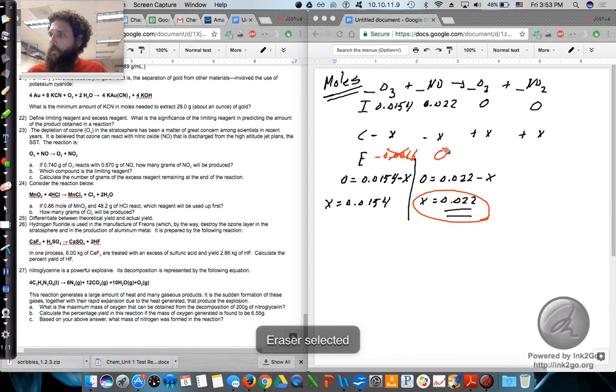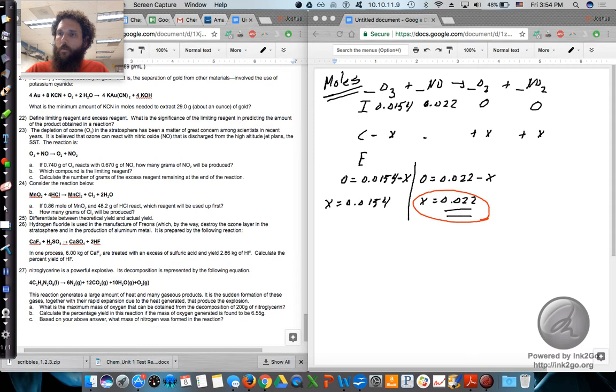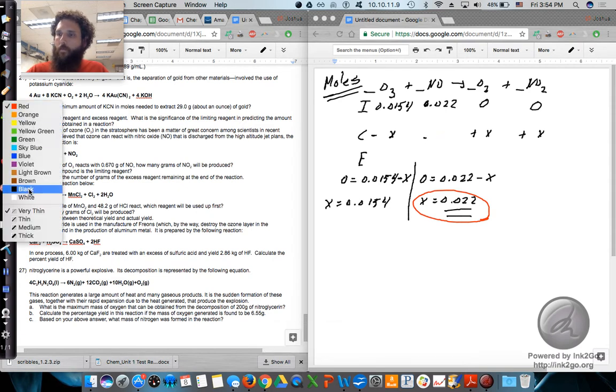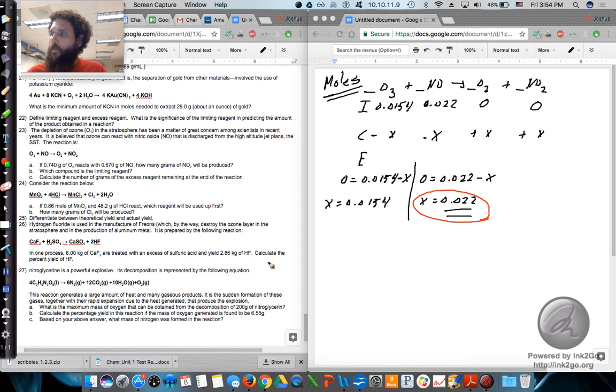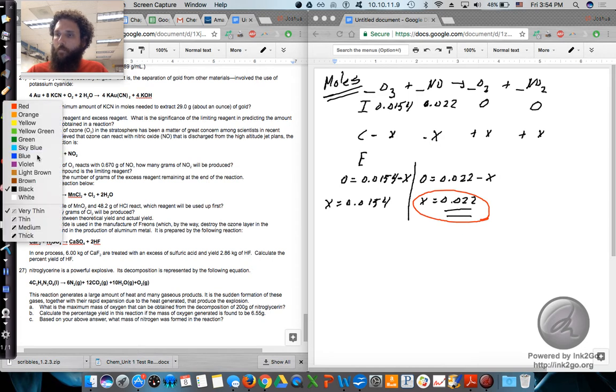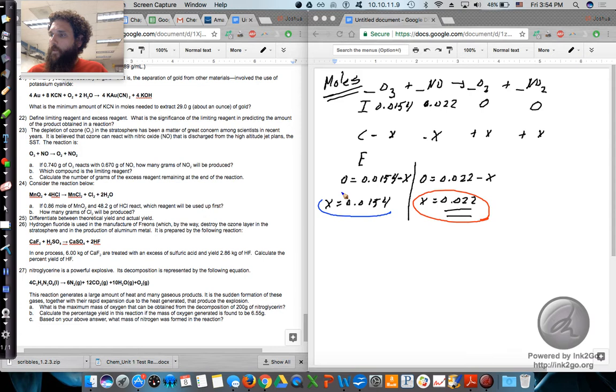Let's erase this. Ooh, that's unfortunate. Let's reset this, and then let's use blue. So now we're going to try this one. If x is 0.0154 here, this goes down to 0.